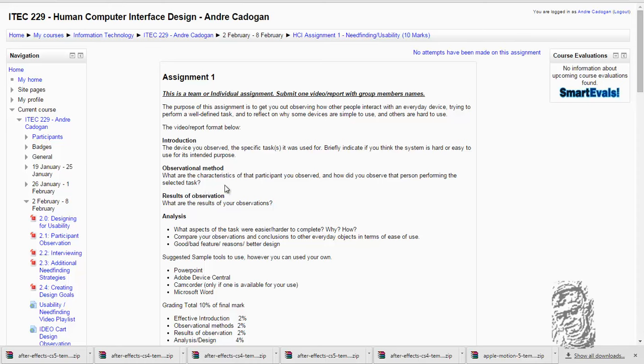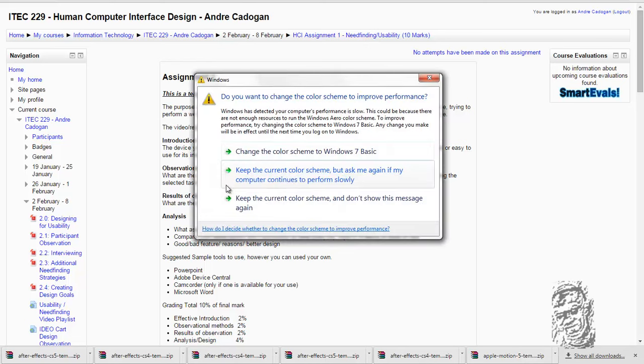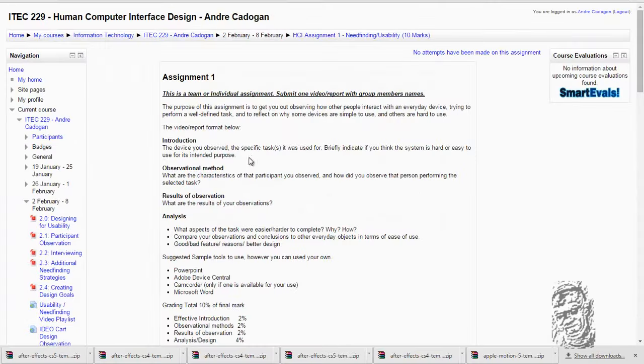Do you observe whether they learn easily, whether they're hasty, willing to learn, and the ability to memorize things quickly, and so on. And how did you observe that person performing the selected task, which will be answered by the video presentation or PowerPoint presentation of whatever you did. And what are some of the results you have from your observation of the user?